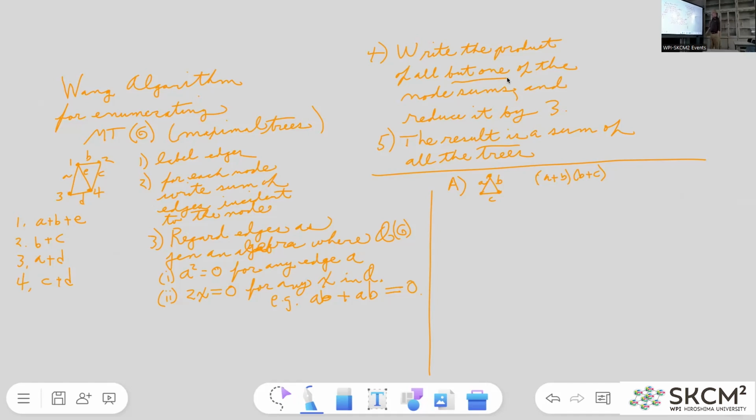So I have A plus B times B plus C. And I multiply out and I get AB plus AC plus B squared plus BC. B squared is 0. So I get AB plus AC plus BC. And then I go back over here and I see this is AB and AC, this one, and BC is this one. And we have just enumerated all the trees in the graph.